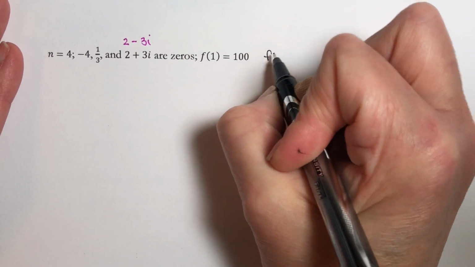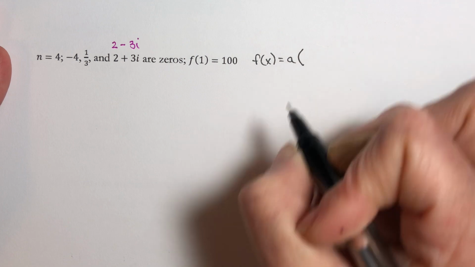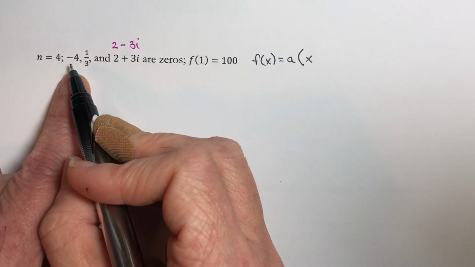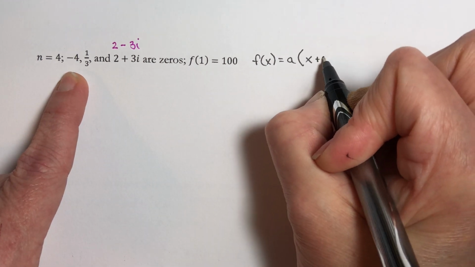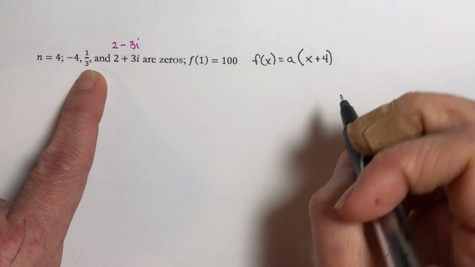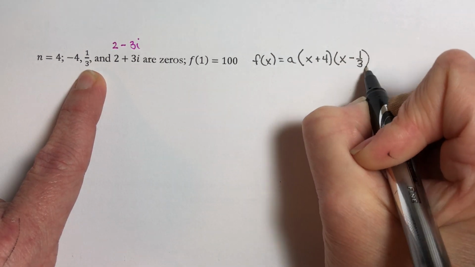My f of x is going to equal a times x minus a negative 4, which is x plus 4. 1/3 is a solution, so I have x minus 1/3.